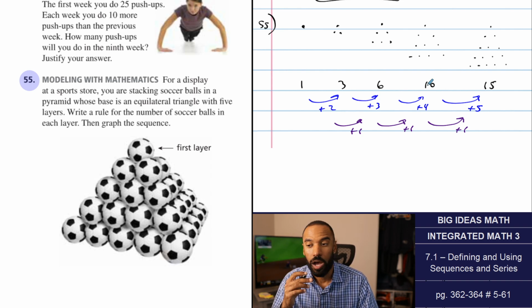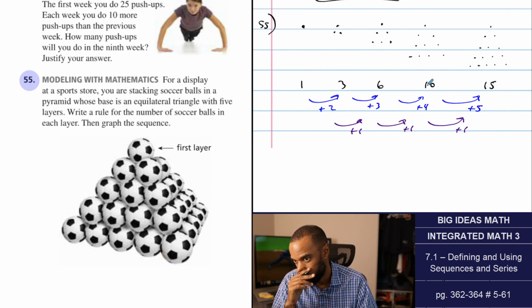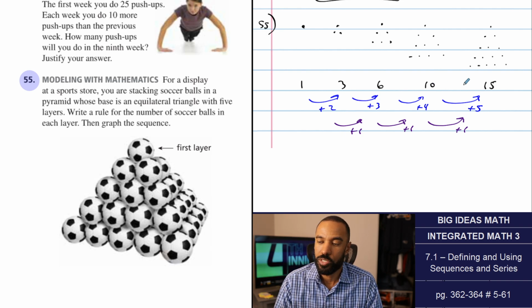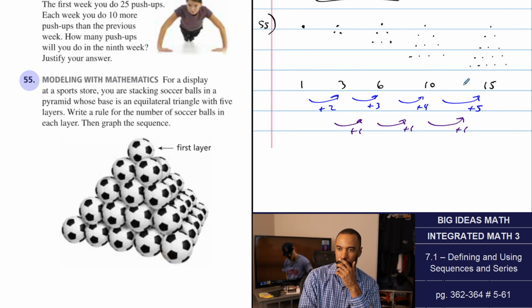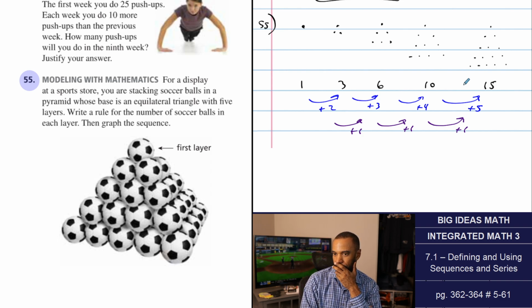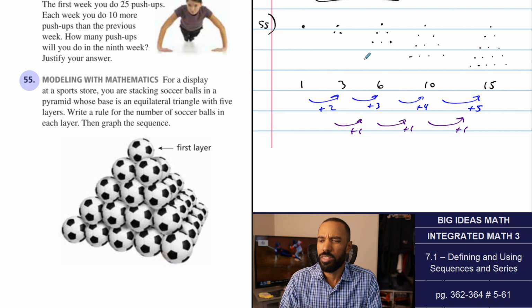So far, I don't know. Interestingly enough, let's see. Yeah, I have to think about how those rules work.